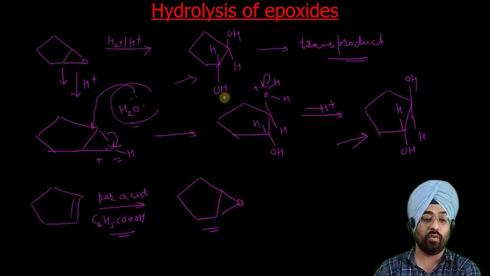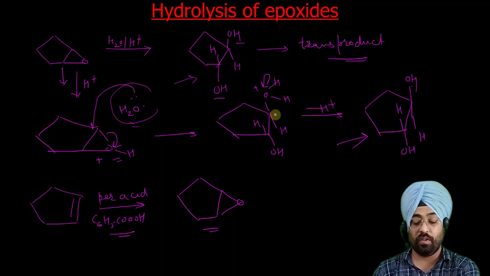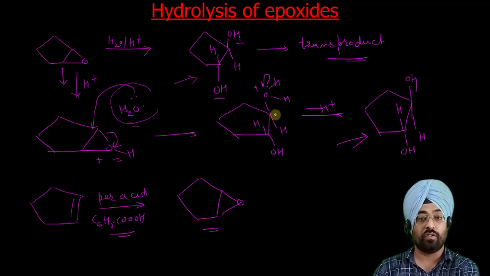So that's why these two OH groups are opposite to one another. So these are two very important reactions to synthesize your ethylene glycol. Now let us move to the next reaction. As the name suggests, hydrolysis of dihaloalkanes. Dihalo means that we will have two halogens.